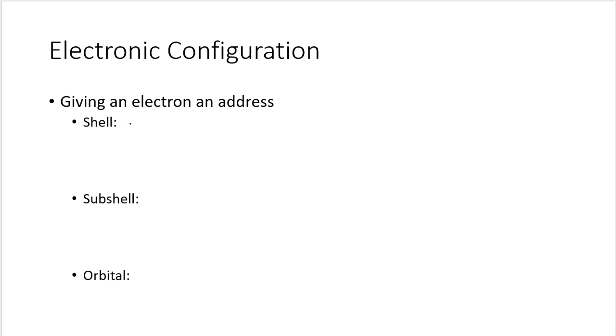The shell where the electron lives is given with the symbol of lowercase n. It gets a whole number coefficient. This will make more sense to you as I go on, but I'm going to give you the definitions first. So it's a whole number coefficient, and it corresponds to distance from the nucleus.